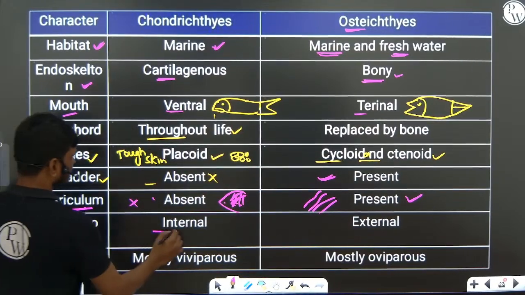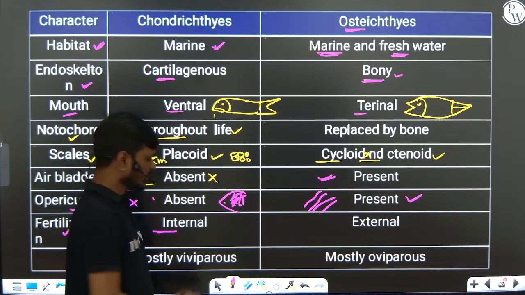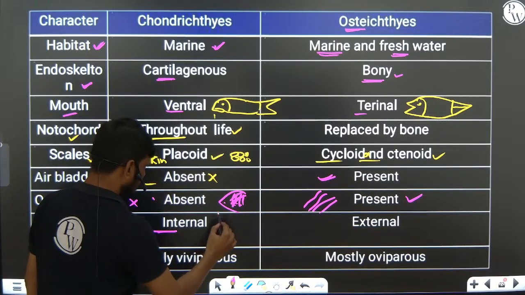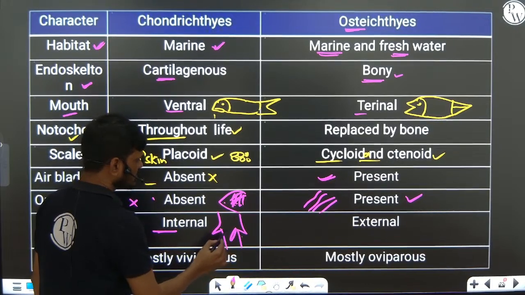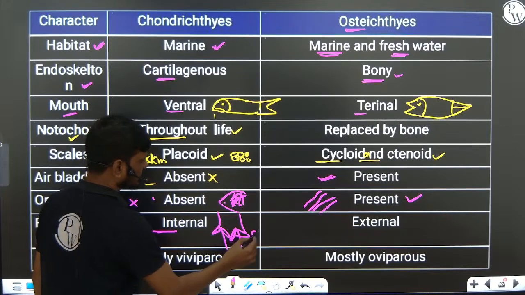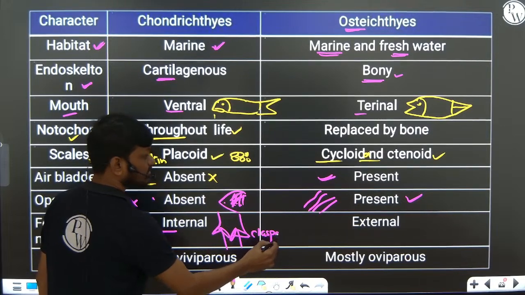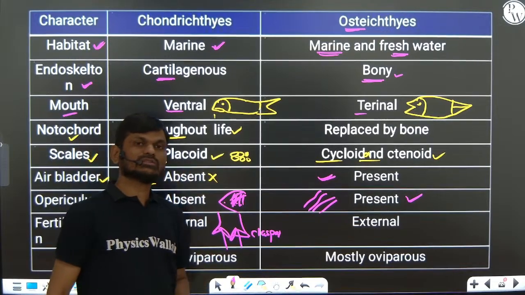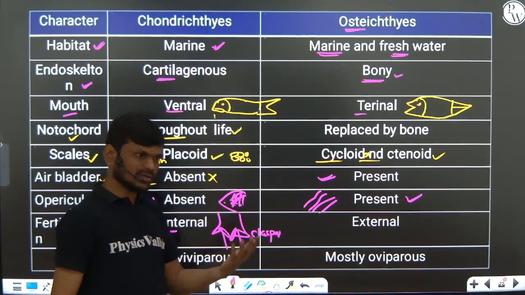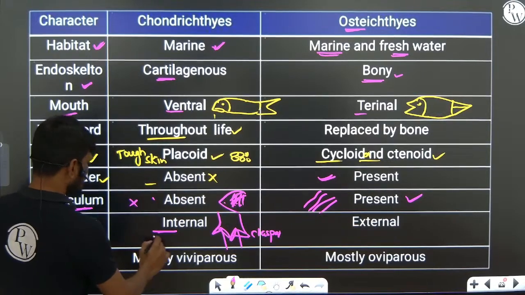Fertilization is internal in Chondrichthyes because of the male pelvic fins. Male pelvic fin bears a pair of claspers that help in internal fertilization. So fertilization is internal.